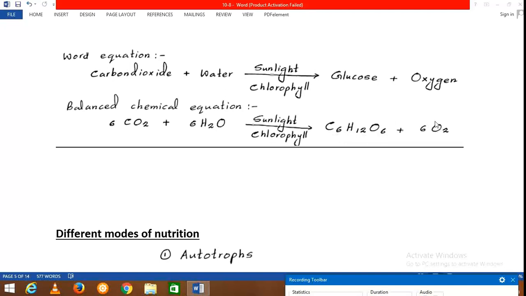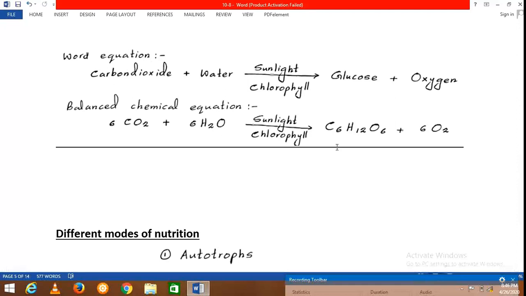And this is the byproduct, oxygen O2, and 6 oxygen molecules are there in order to balance the equation. 6CO2 plus 6H2O in the presence of light energy and chlorophyll gives C6H12O6 and 6O2. These are the word equation and the balanced chemical equation for the photosynthesis reaction.